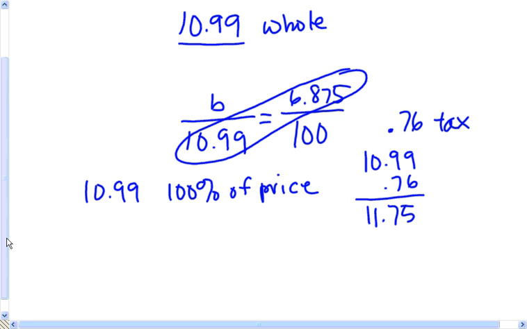So if I add sales tax, which is 6.875%, onto that, the price with tax is actually going to be 106.875% of the sale price.